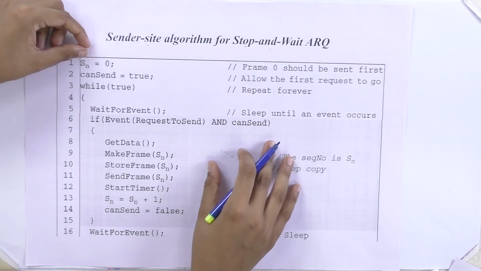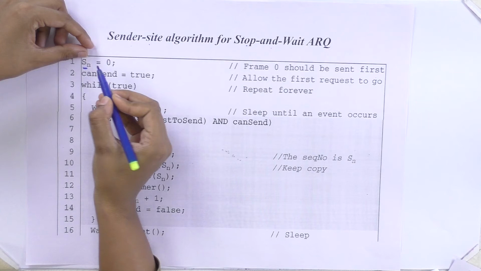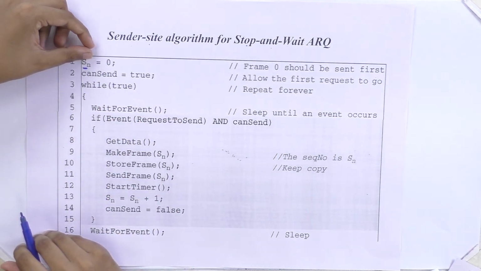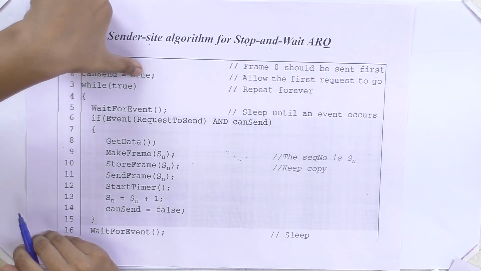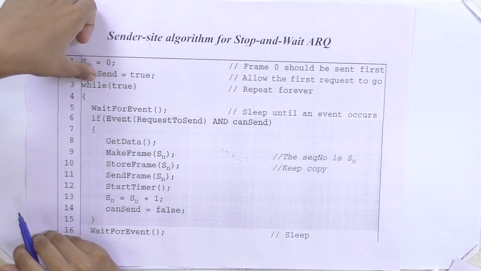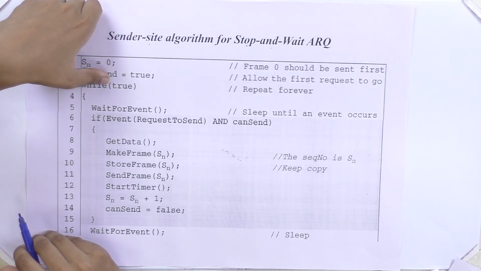First, my SN, which means my sequence number, is 0. First, frame 0 should be sent. Next I set the condition CanSend equal to true. Next, the data keeps being processed as it arrives from the network layer.